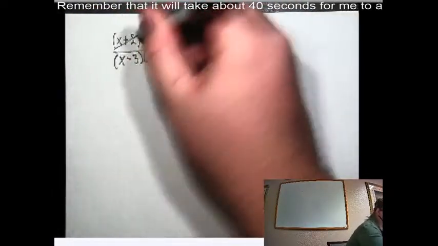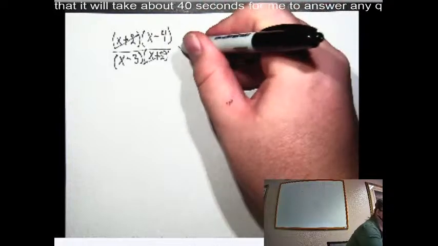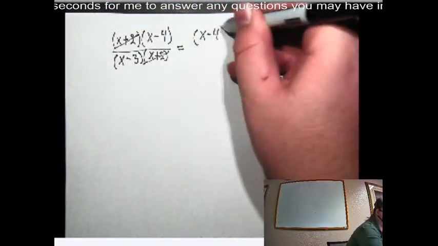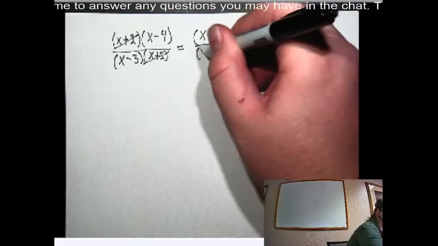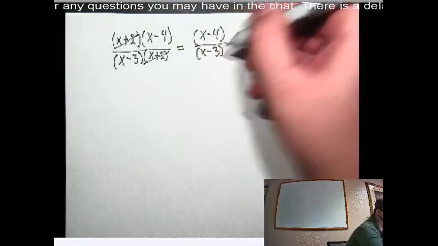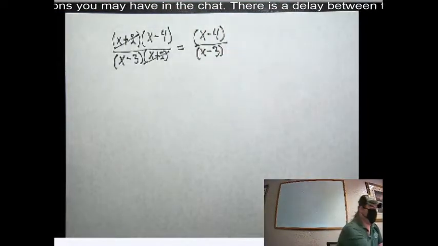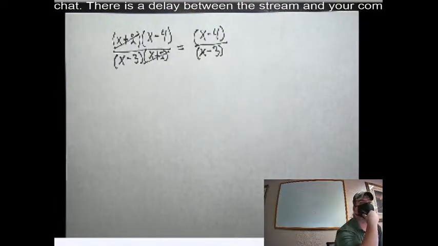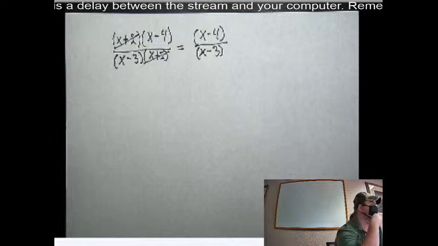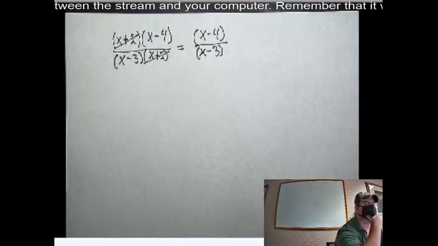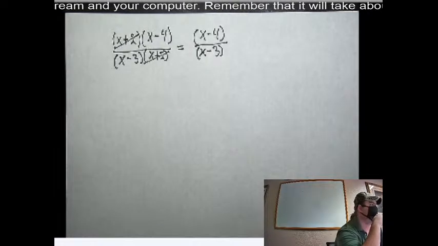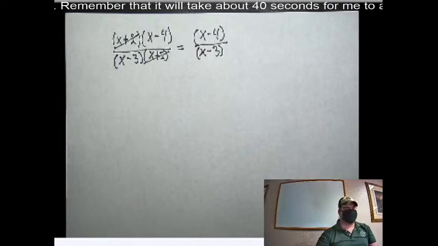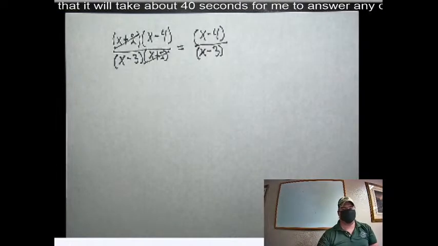So x plus 2 and x plus 2 are common, meaning that this can be reduced to x minus 4 over x minus 3. Any questions? None? Okay. Now, this is about as simple as it can get.